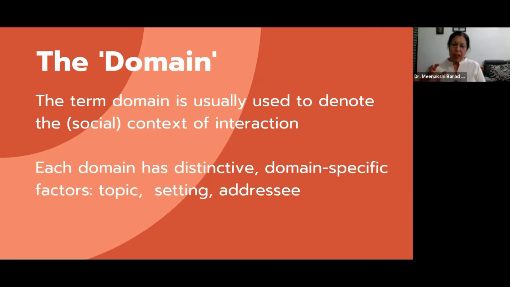So each domain has a domain-specific factor. Together they make up these domains. As I said, there's this topic, the setting, and the addressee, or in other words, there's the place, there's the role relationship, and the topic.